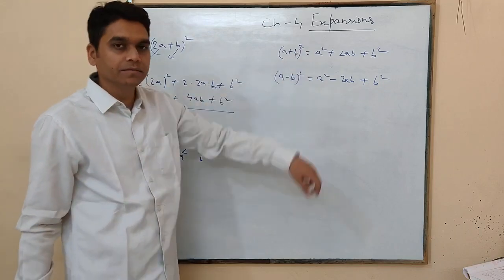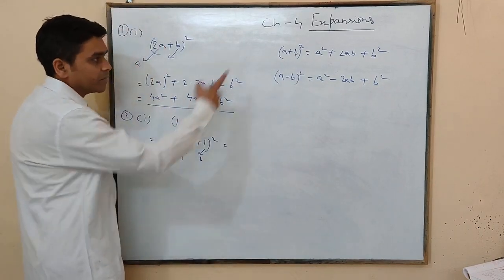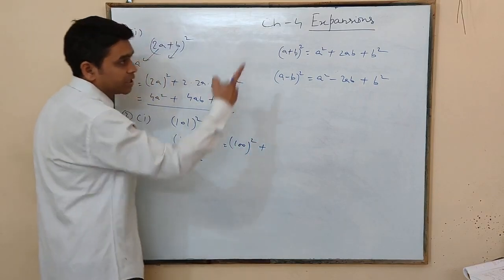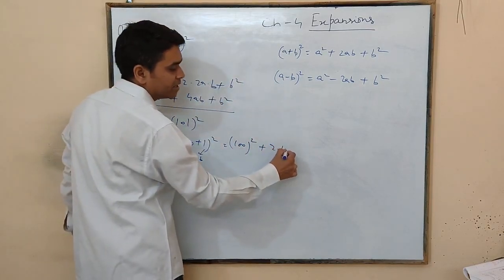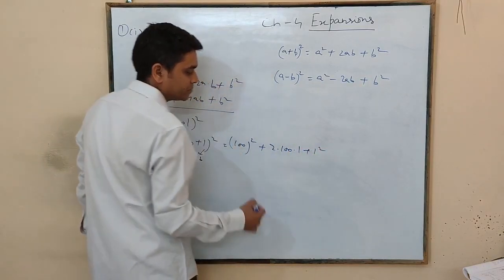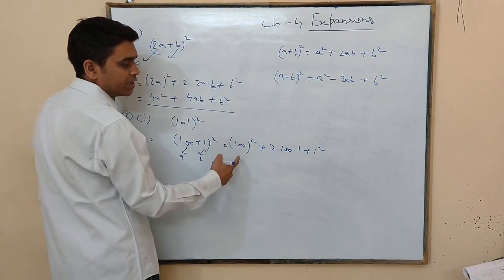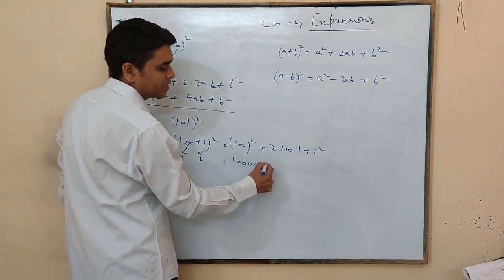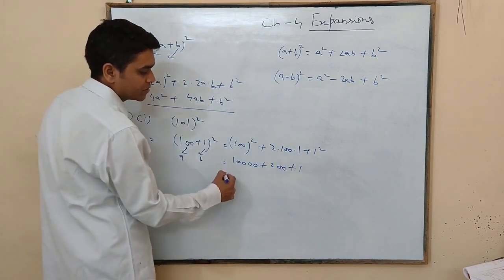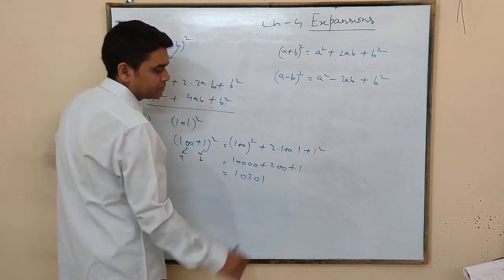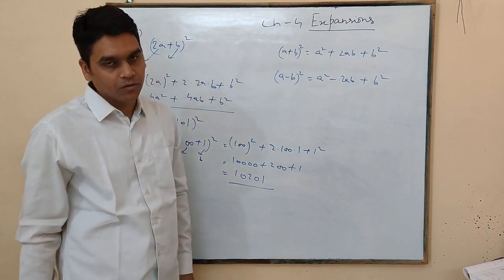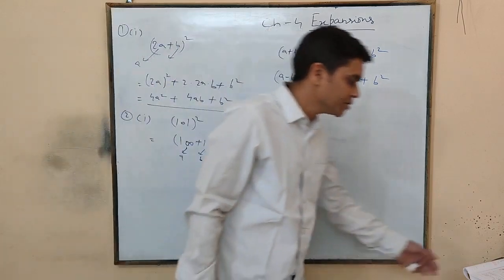Use the first formula: a² + 2ab + b². a is 100, so 100², plus 2 × 100 × 1, plus b² which is 1². The 100 square is 10,000, this is 200, this is 1. So the answer is 10,201. Now check the next question.